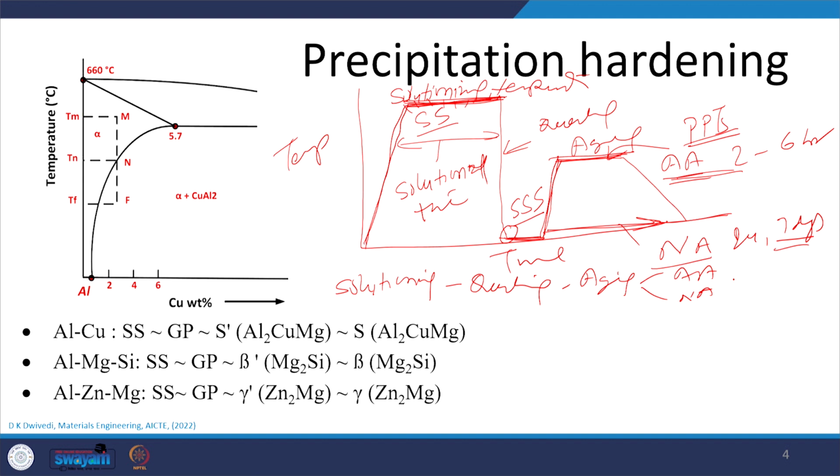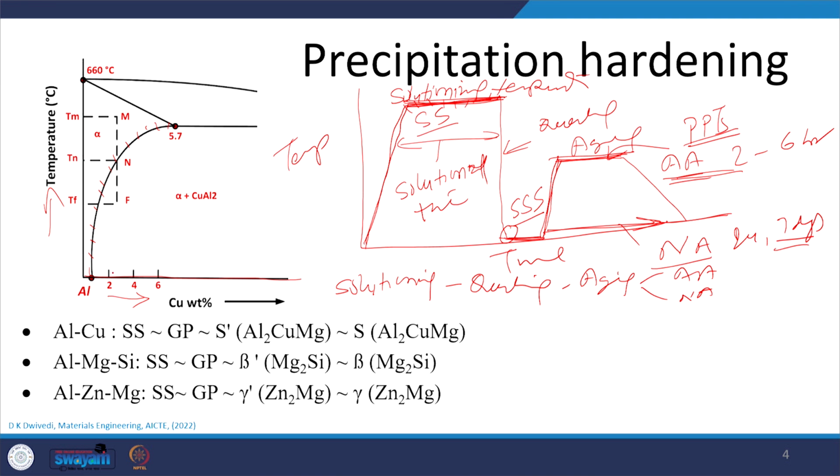This is what happens, and we can understand it in the phase diagram. This is one for a typical aluminum copper alloy. The x axis shows the copper content and the y axis shows the temperature. This particular line is the solvus line, which indicates the solubility of copper in aluminum as a function of temperature.